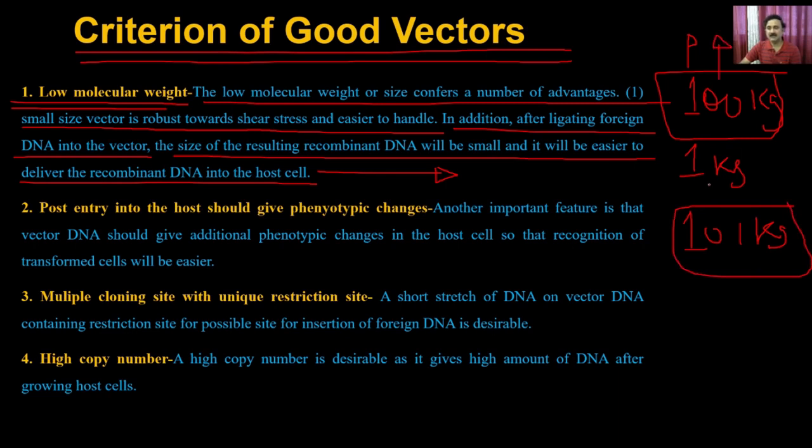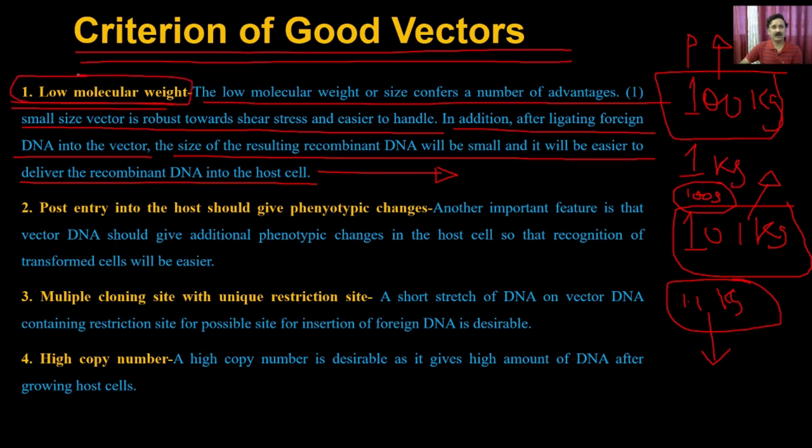But if I only have a packet of 100 grams, then the total is going to be 1.1 kg, where the packet is only 10% of this. And sending this is going to cost less compared to sending the other type of packet. So that's why it is always desirable that you should have a vector of very small molecular weight.